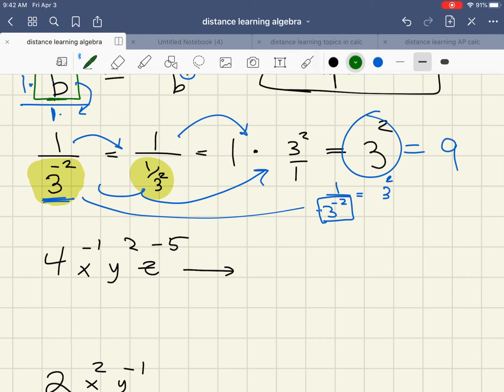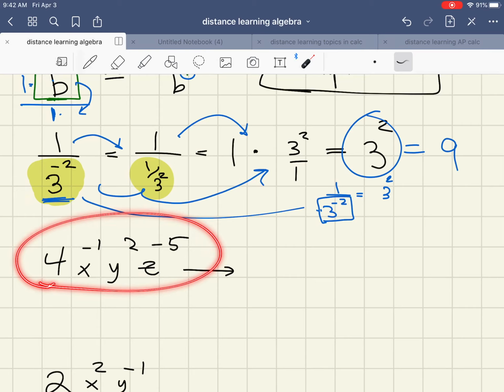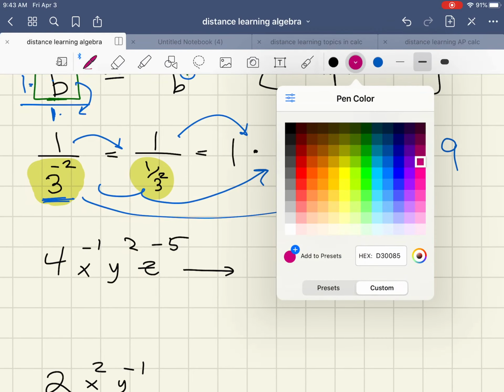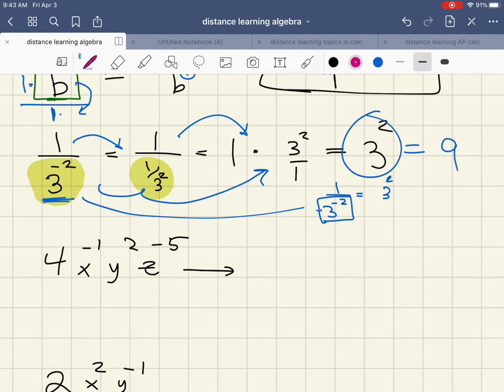The next problem, we're going to use that same strategy. So if I looked at 4x to the negative 1, y squared, z to the negative 5th. A lot of the problems that you're going to see in this area are going to be asking for things without a negative exponent. So these two values here have negative exponents. These two values here do not. So I'm going to write this as a fraction.